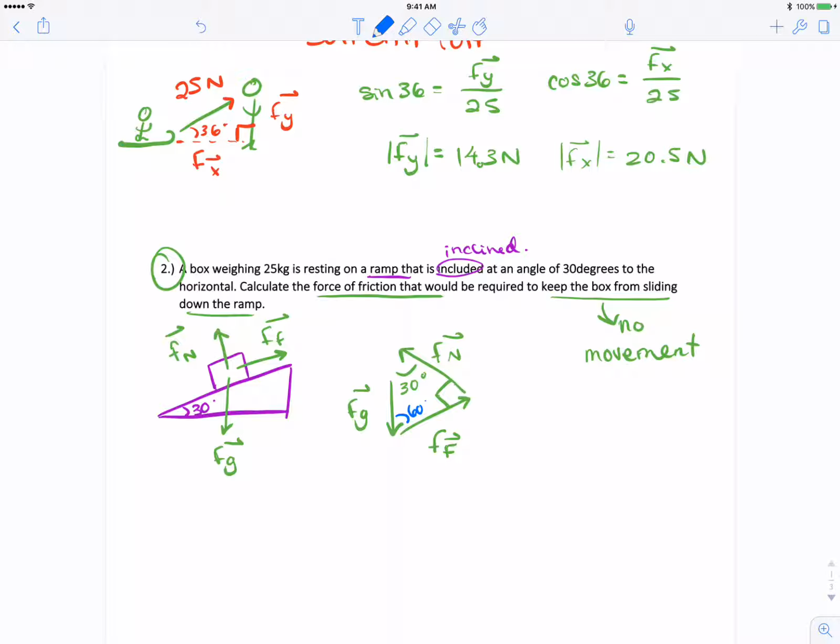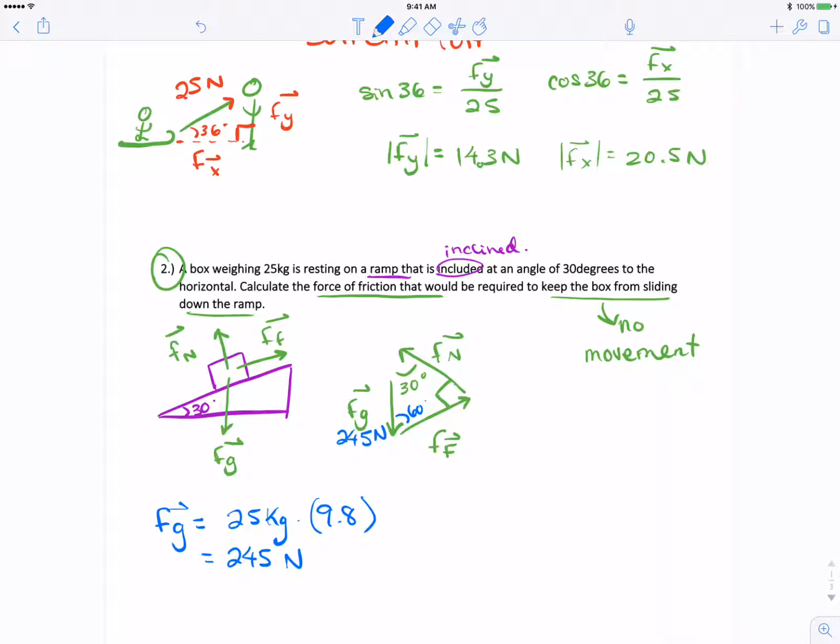So F of G is your 25 kilograms multiplied by your 9.8, and I have my solution: 245 newtons. So I now have that force, and I can draw that in on my diagram.